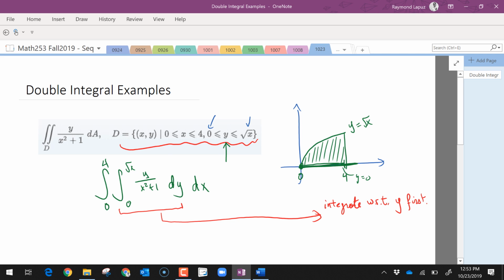So if I integrate with respect to y first, I should be able to draw lines parallel to the y-axis where I would enter the region and exit the region. So those points where I enter and exit the region should be described by some function y is equal to something with x.